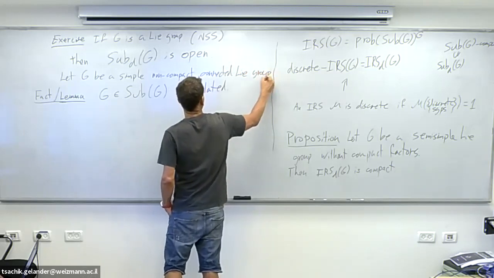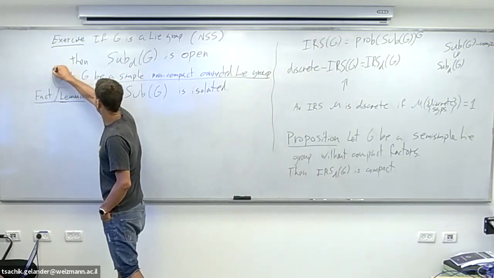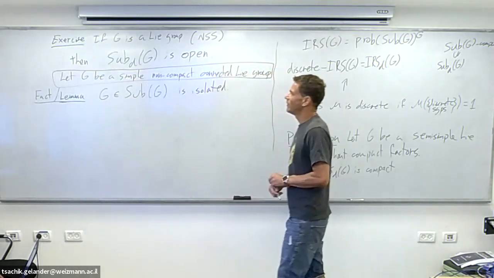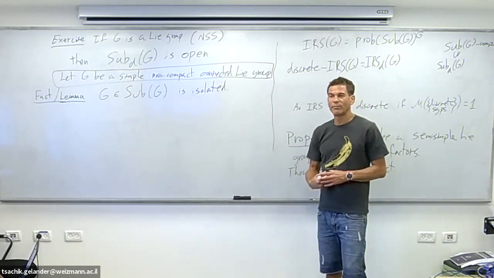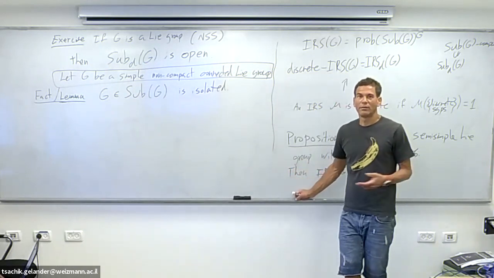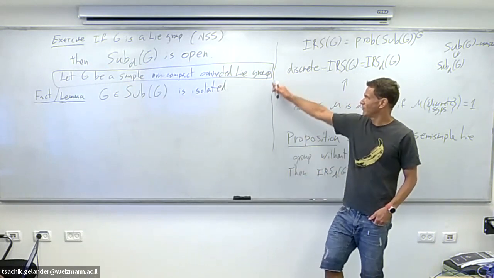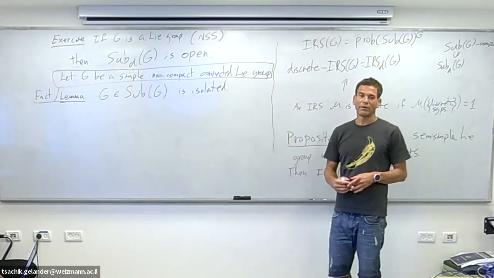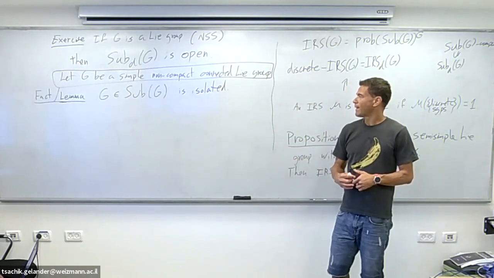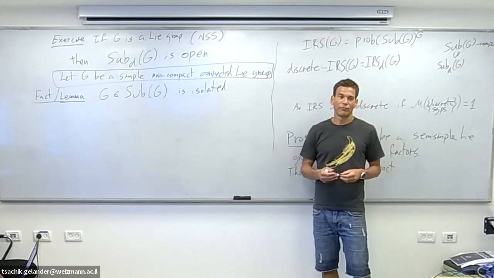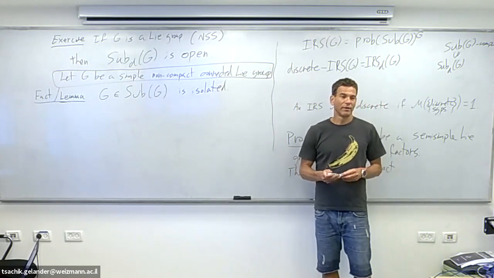That would be a standing assumption until the end of the talk. Everything I say holds also for semi-simple, maybe you need to say a few more details, but let me restrict to the case like SL3R, that's enough. So you cannot have a group which is sufficiently close to SLn.